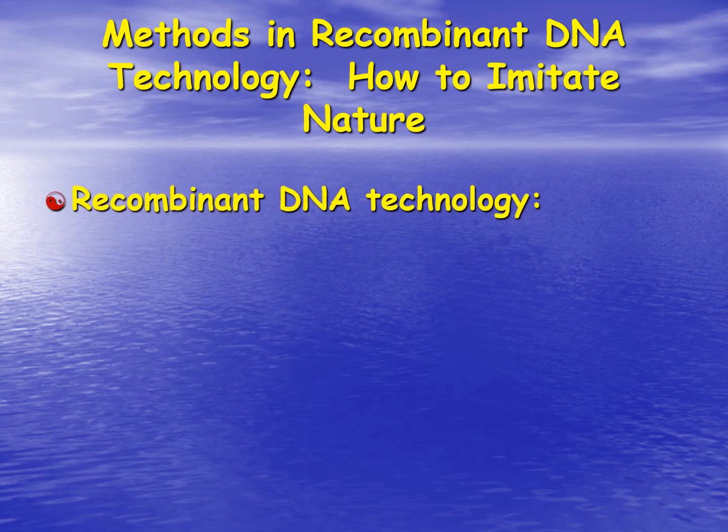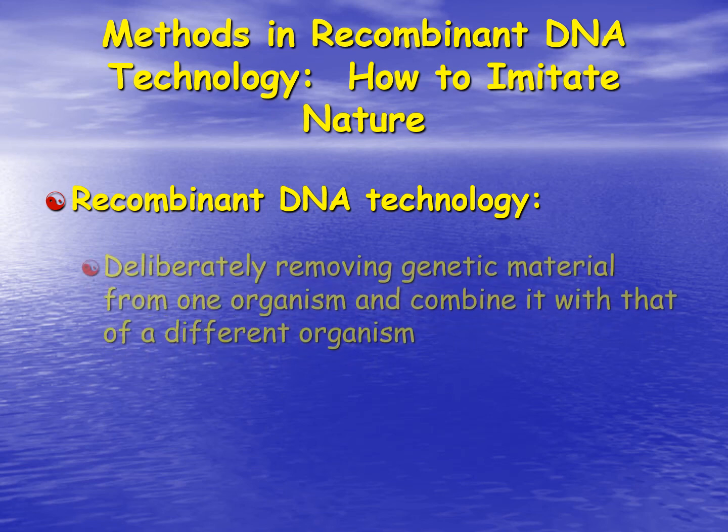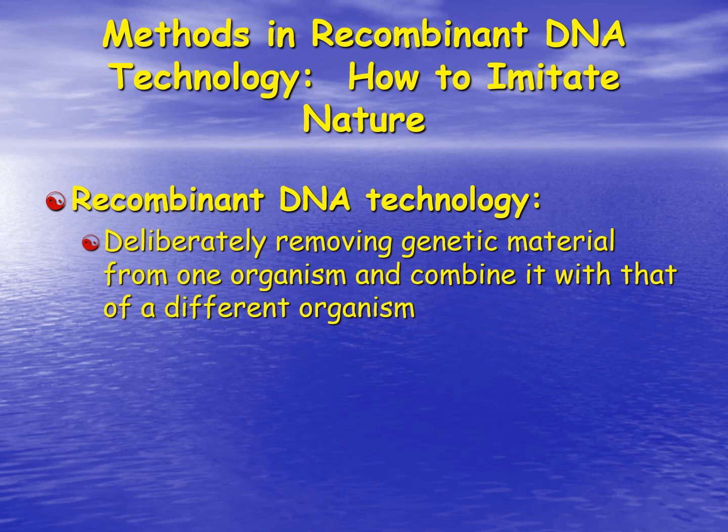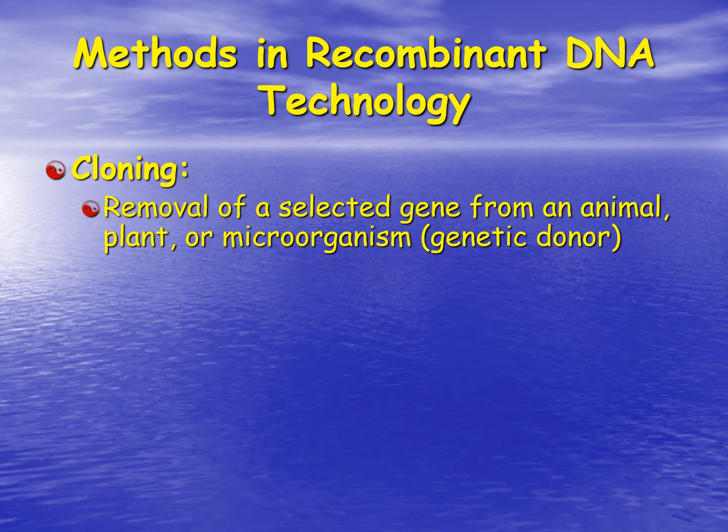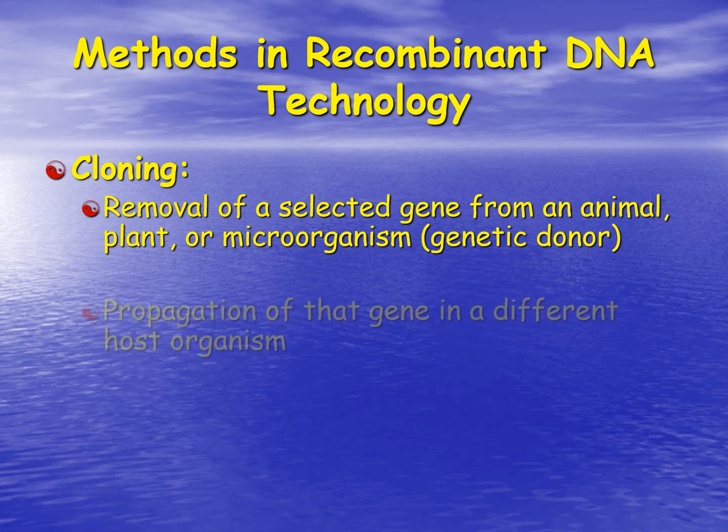So, recombinant DNA technology. This is deliberately removing genetic material from one microorganism and combining that with a different organism. This will form then genetic clones. Cloning is actually the removal of a selective gene from an animal, plant, or microorganism, which is then referred to as the genetic donor.